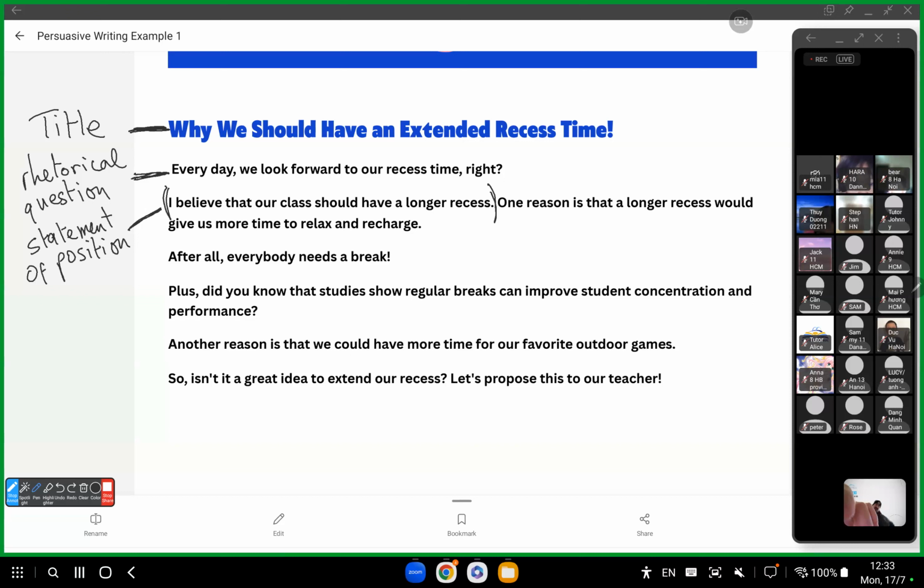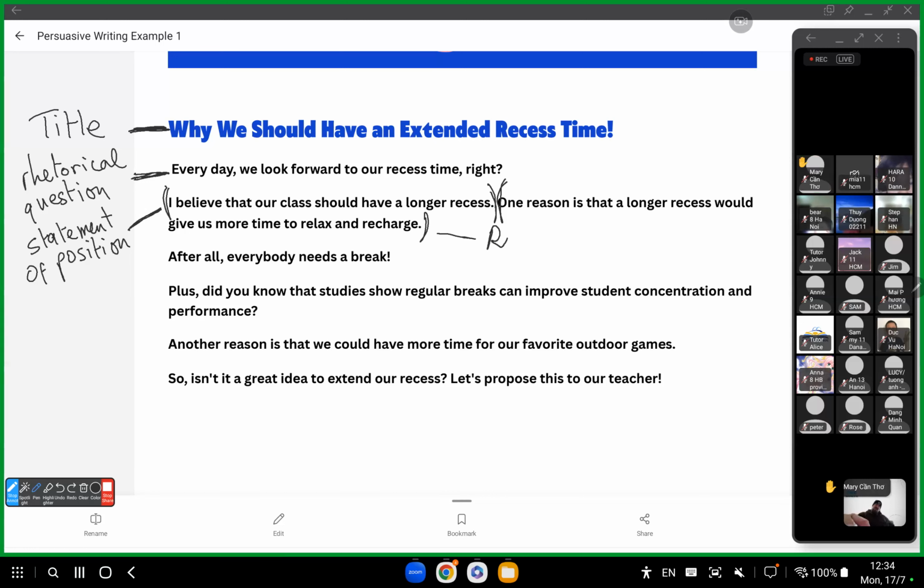And then what about this section here? What's this called? Mary? It's a reason. Very good.